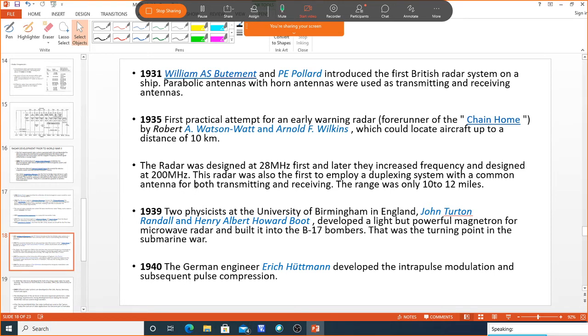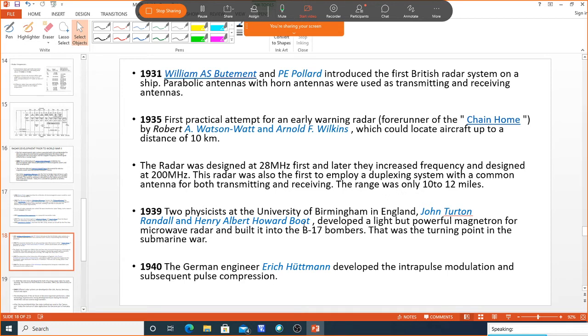In this radar they employed a duplexing system. As I said earlier, they had a bistatic radar, where the transmitter is separate and the receiver is separate. From the transmitter they send the transmitting signal, and the receiver receives the received signal or echo signal.